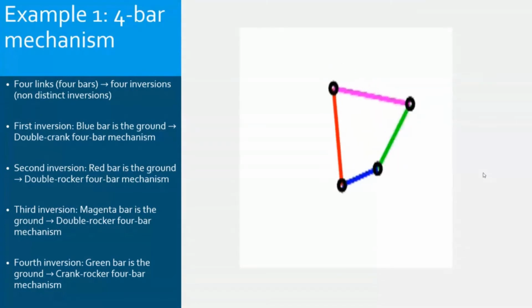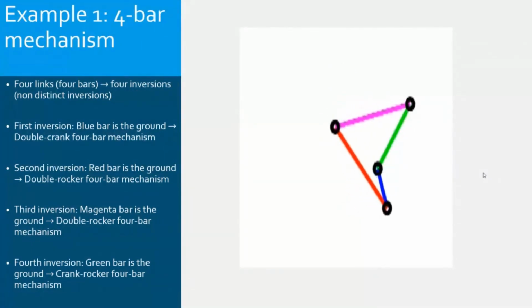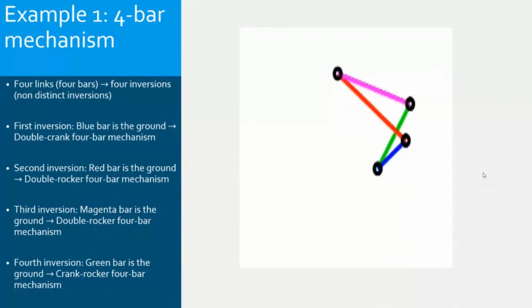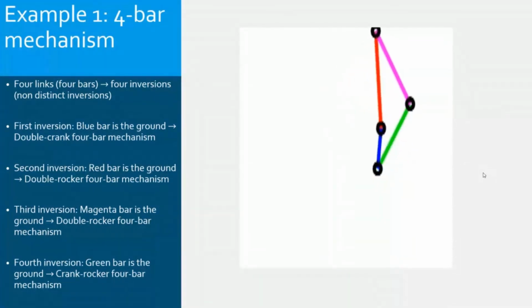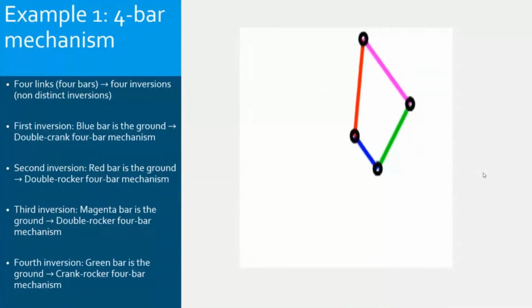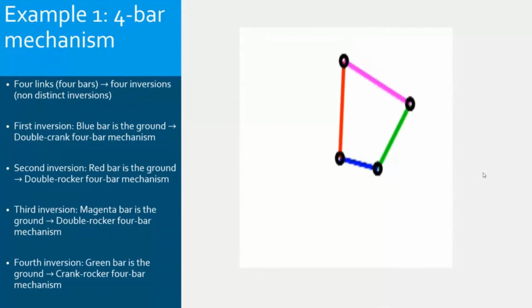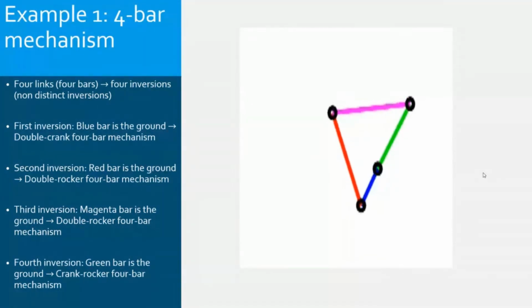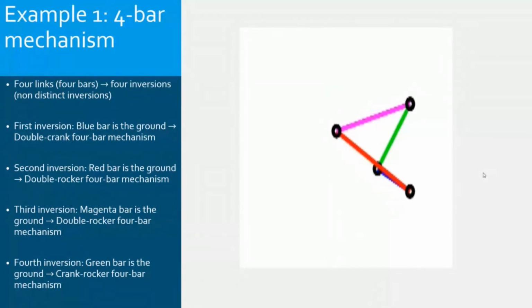Now, if I undertake a simulation, I will see that the blue bar can complete a full rotation. So it is a crank. However, the pink or magenta bar can only go back and forth. It's a rocker. So this is called a crank rocker mechanism.